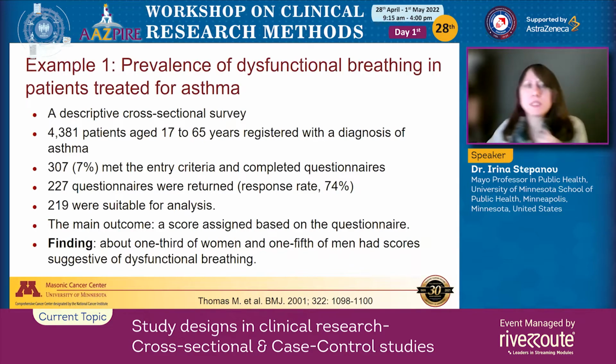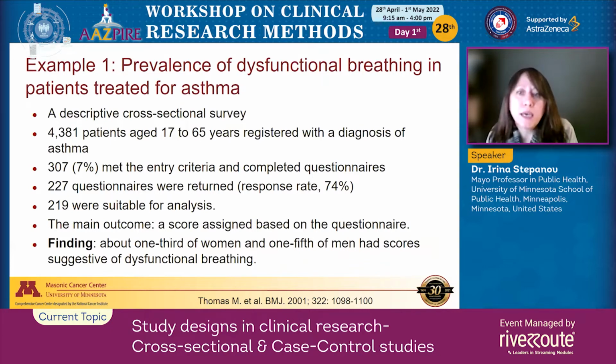Okay, so some examples of cross-sectional studies. For example, Thomas and co-authors conducted a descriptive cross-sectional survey on the prevalence of dysfunctional breathing in patients treated for asthma in primary care.